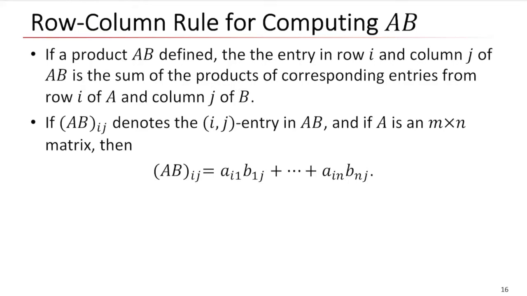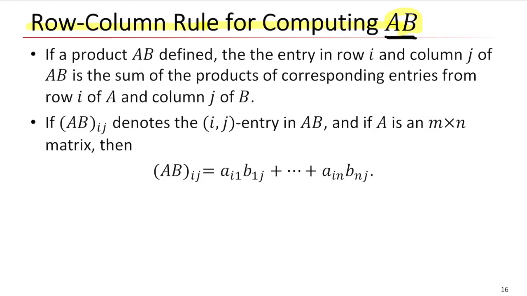There is a very important rule called the row-column rule for computing A times B. This is very important, but also very intuitive. If you understand it, you can easily use this rule to compute the matrix multiplication.